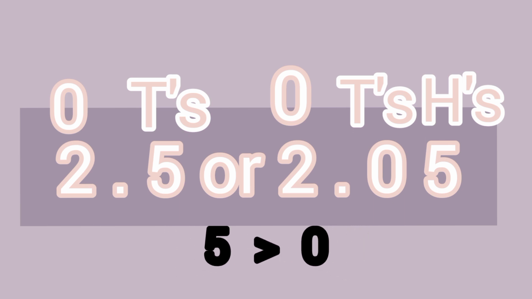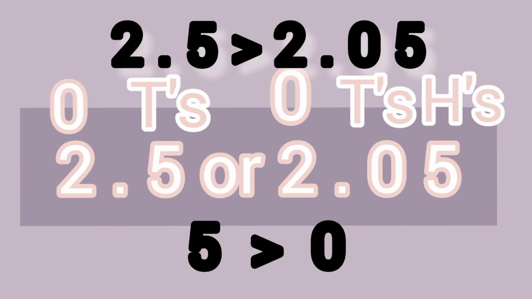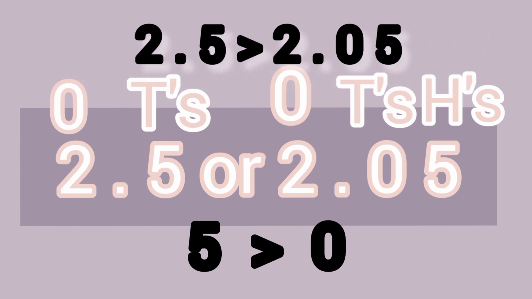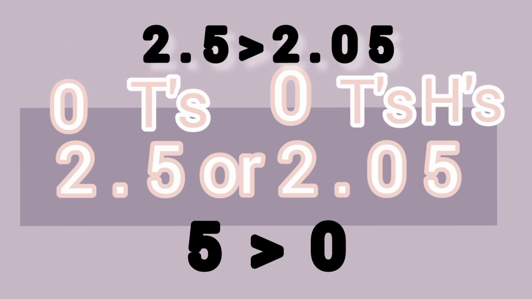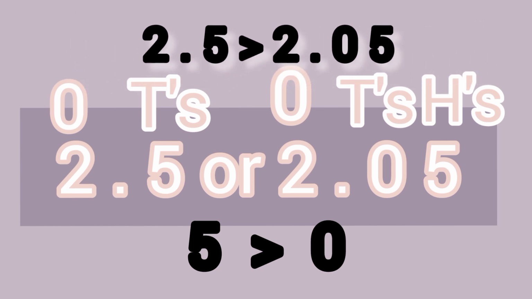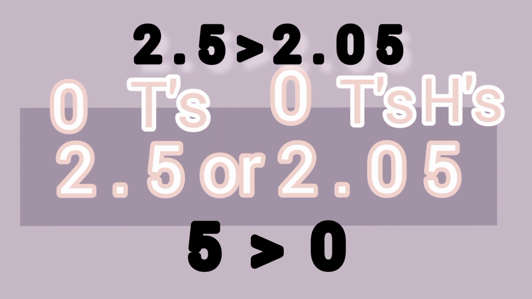Since 5 is greater than 0, we can say that 2.5 is greater than 2.05. Here there is no need to check the hundredths place number, because in tenths place only we can conclude this. If the tenths place number would be the same, then we would move to the hundredths place number.